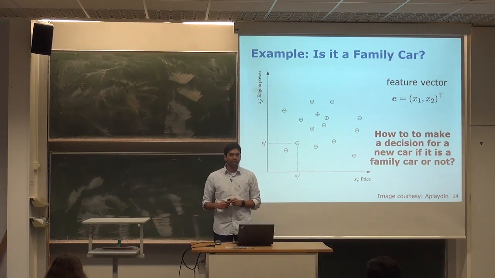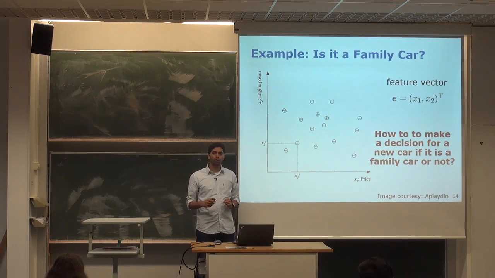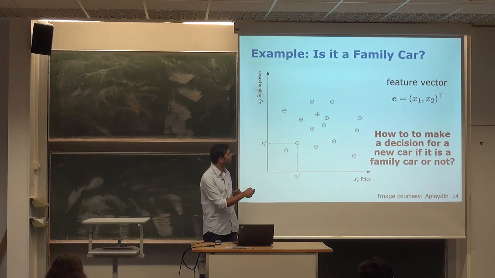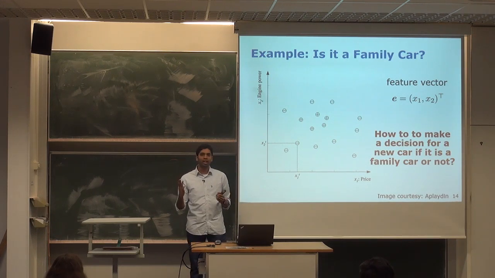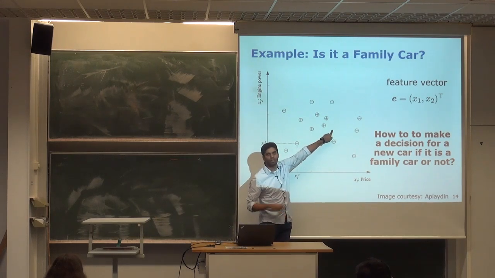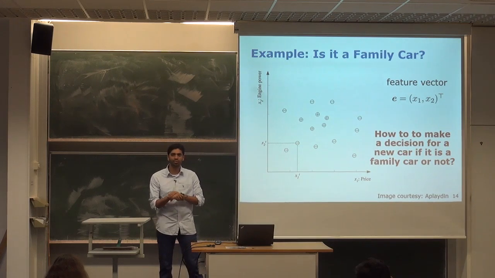Okay, so seeing this image, what would you say is a reasonable class for something that lies, for example, here? If the feature vector of a car lies somewhere here, should it be a family car or should it not?